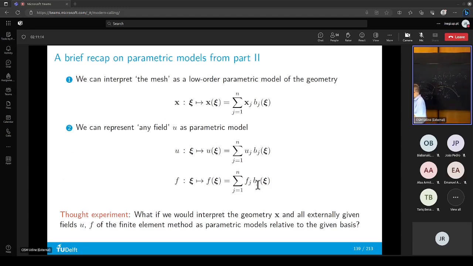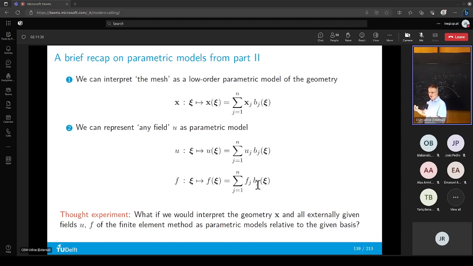And now let's do a thought experiment. What if we would interpret everything, so the geometry and all the given things? Well, okay, U is not given, U is what we are looking for, but U and all the given things in the finite element method as a kind of parametric model relative to the given basis.